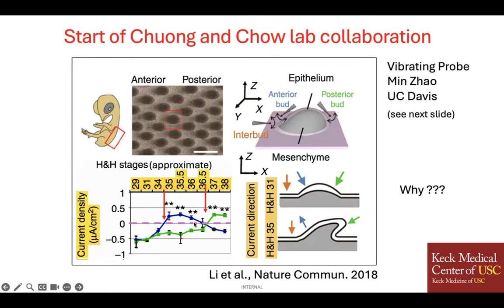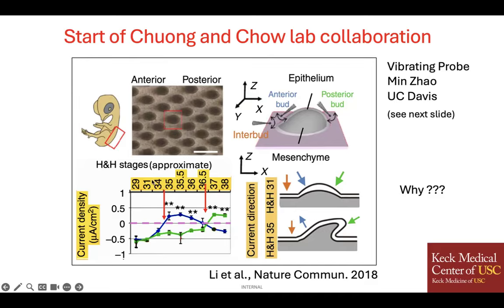I need to explain that in the electrophysiology convention, positive current, so if we look here, we have current amplitude in microamps per centimeter squared. We have the H&H stages on the top. 0 means there's no current, obviously, and that's depicted with this pink line here. Currents that are above this 0 line are currents that are flowing out of the skin. Currents that are below this pink line are currents that are flowing into the skin.